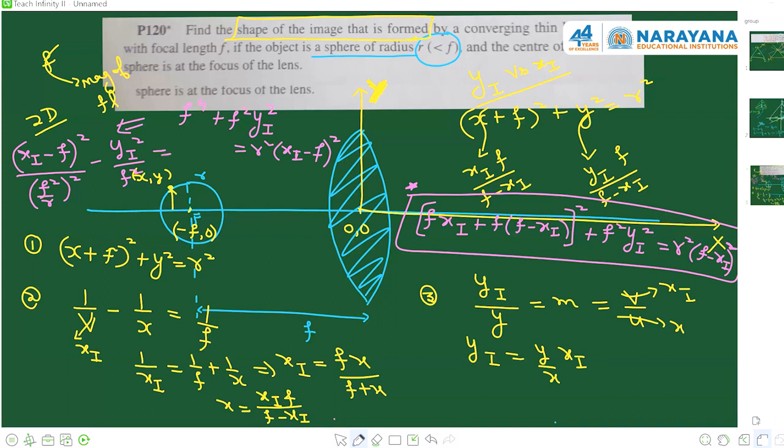That comes out equal to 1. Now this equation for me is a hyperbola.